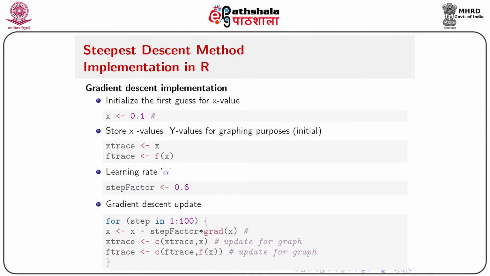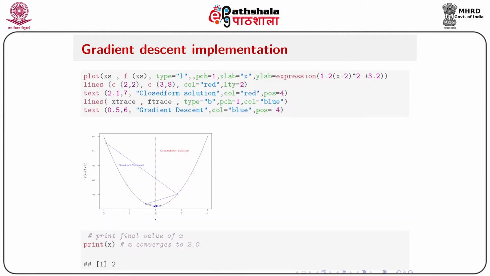So this is x minus step factor, alpha, into gradient of x, and then update the x trace as c(x trace, x), and update the value of the function: f trace is c(f trace, fx). After running 100 times, this will create two arrays of length 100, one for x and another for the function value. That might be useful for updating the plots.